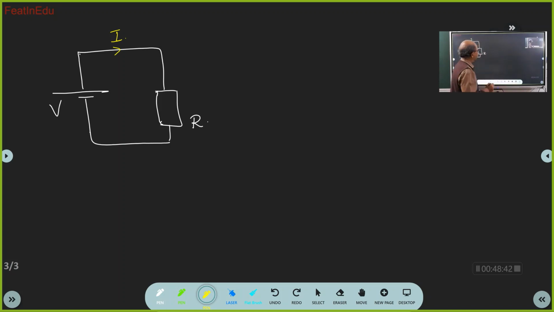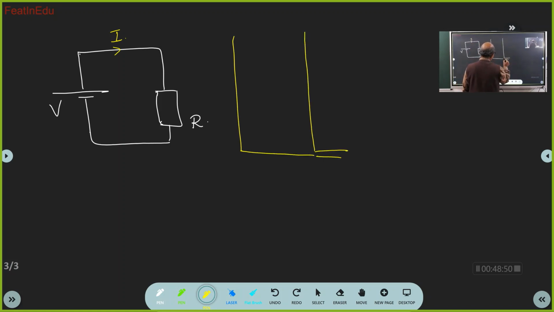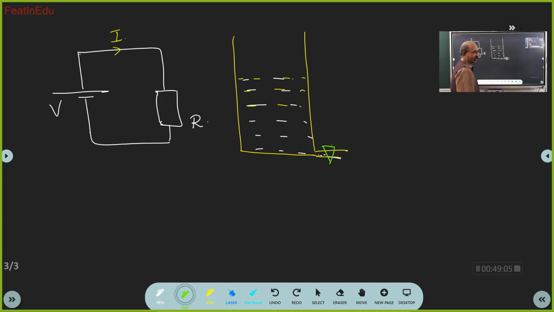Here you see, I have a tank and a pipe here. If there is water here and there is a wall here, what happens now?